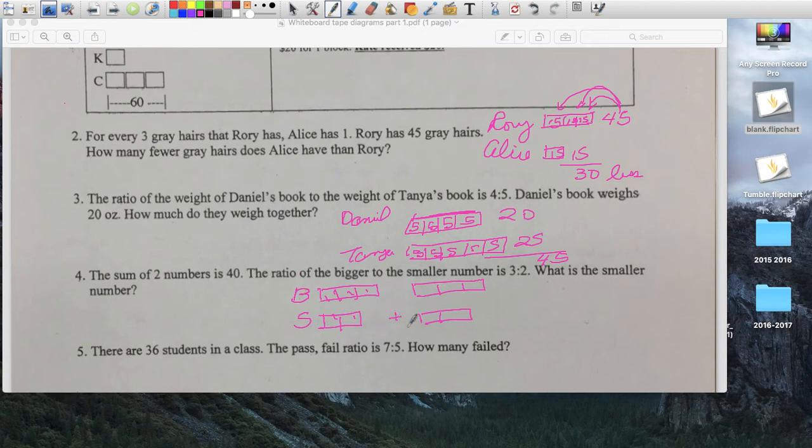The big number, represented by these 3 boxes, plus the small number, represented by these 2 boxes, gives me 40. So what can I put in there that gives me 40? There are 5 boxes and 40 total, so 40 divided by 5 gives me 8. What is the smaller number? The smaller number is 16. The top number is 24.